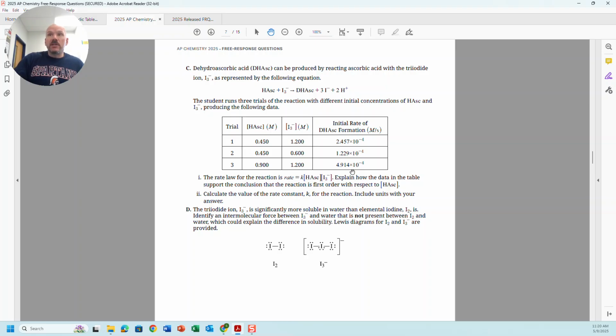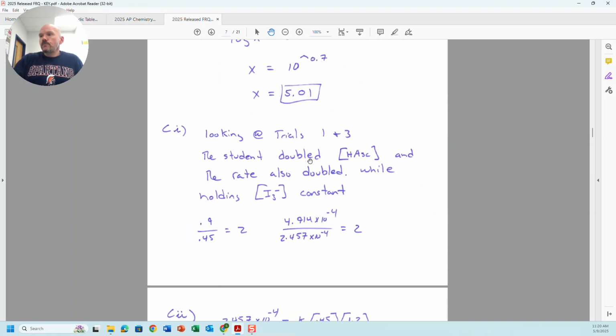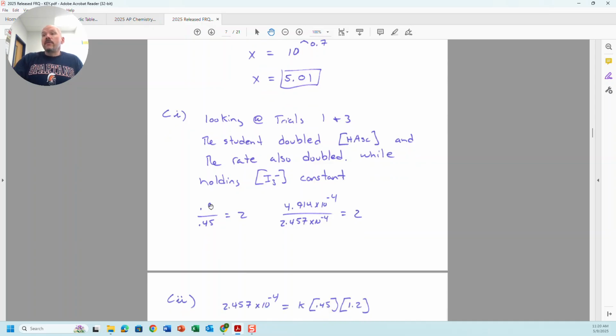If the concentration's doubled and that doubles the rate, that's the characteristic of a first order reactant, okay? So if you want to explain it in words, looking at trials 1 and 3, we doubled the concentration of this, but we kept the concentration of the other one constant, and we found that the rate also doubled. So that's first order.